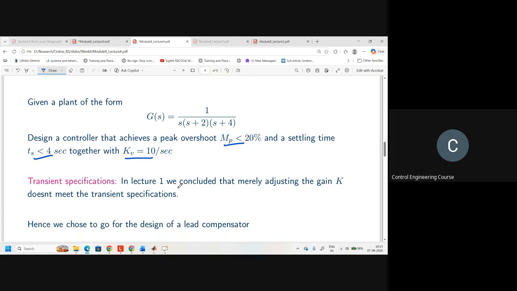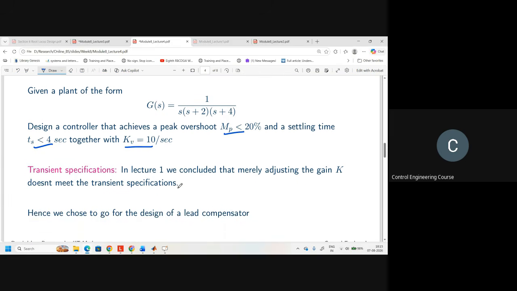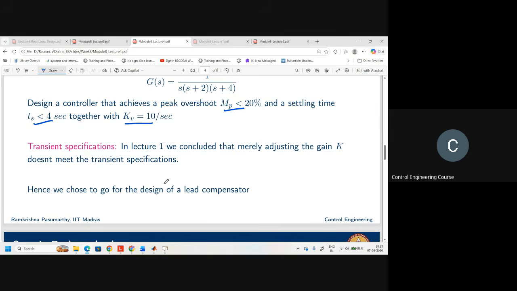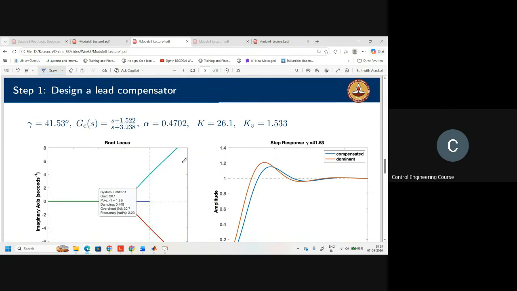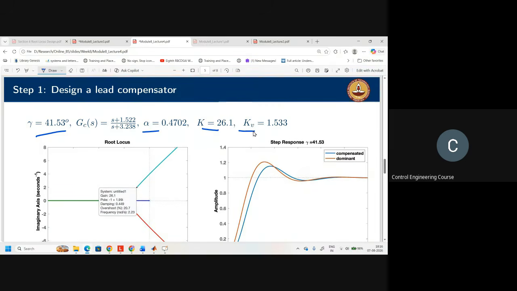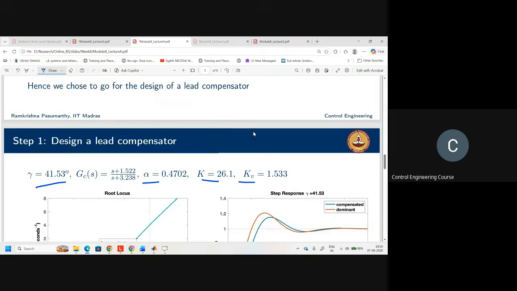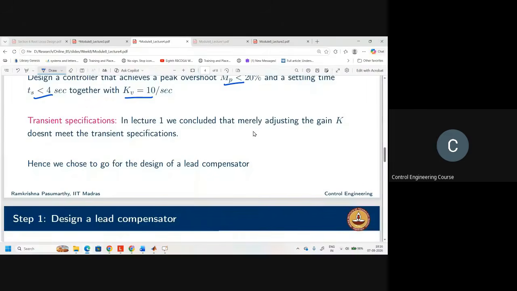In lecture 1, we already met this design in the last class, where the parameters are: gamma is 41.53, and the corresponding alpha is this one, and the corresponding Kv is 1.553. But our requirement is Kv of 10.